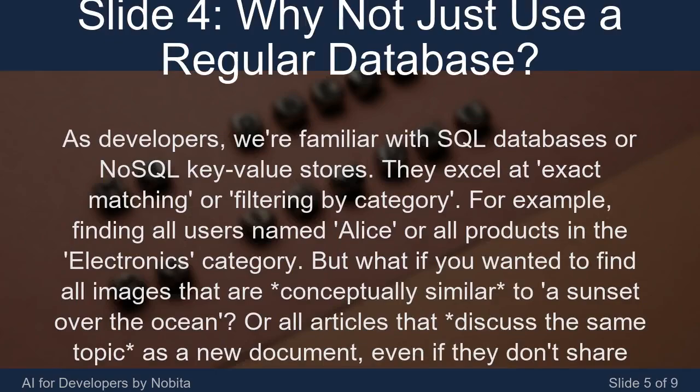As developers, we're familiar with SQL databases or NoSQL key-value stores. They excel at exact matching or filtering by category. For example, finding all users named Alice or all products in the electronics category.